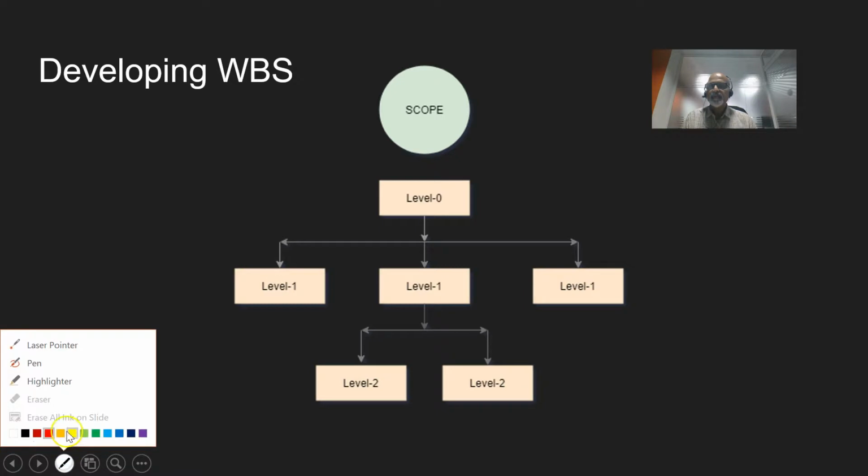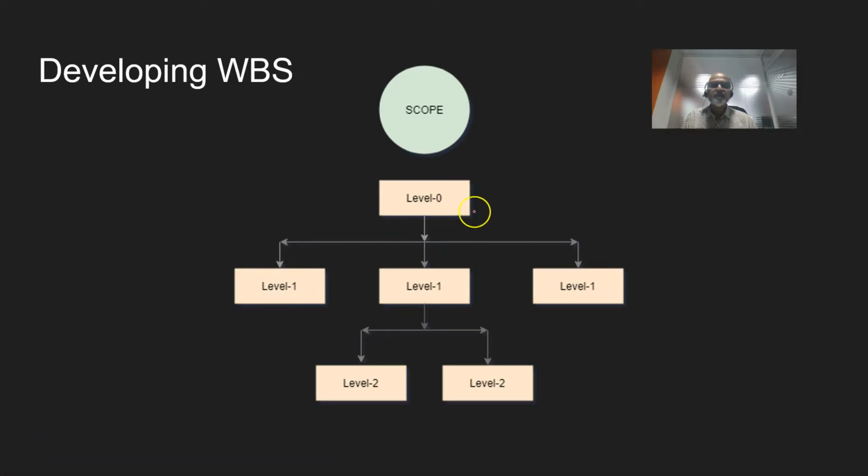A work breakdown structure can have multiple levels. Here it is level 0, here it is level 1, and here it is level 2. Sometimes we go to level 3 or 4 or 5.